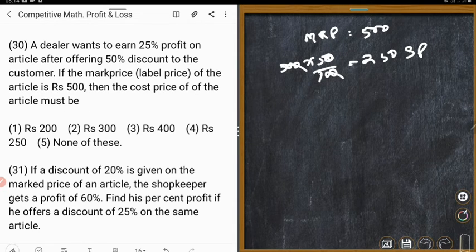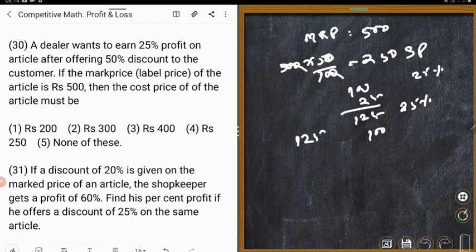Here, this is the SP with 25% profit. Could you understand? For example, suppose CP is equal to 100, profit 25, SP 125. So with a 25% profit, when the selling price is 125, CP is equal to 100.